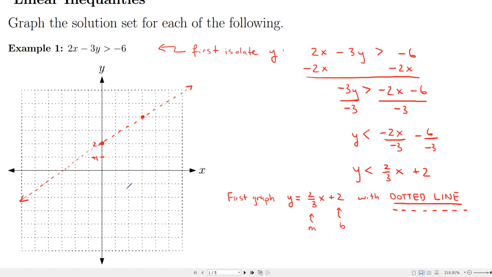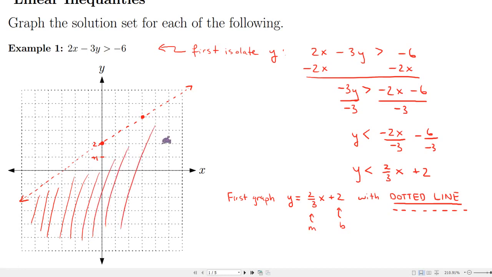Now, we are trying to graph the entire solution set here. What do we have as our isolated y? Well, y is less than 2/3 x plus 2. So here is that line, y equals 2/3 x plus 2. Anything below this line, since we're talking about y values less than what is on this line, we actually are talking about any point that's down here.